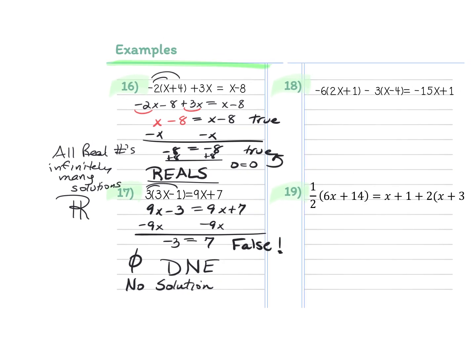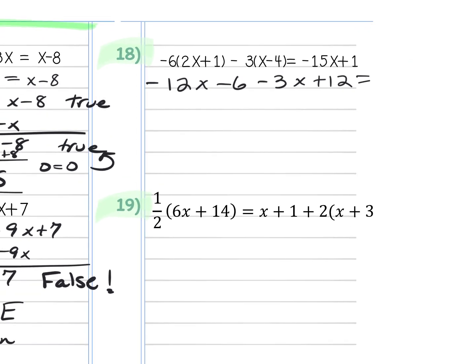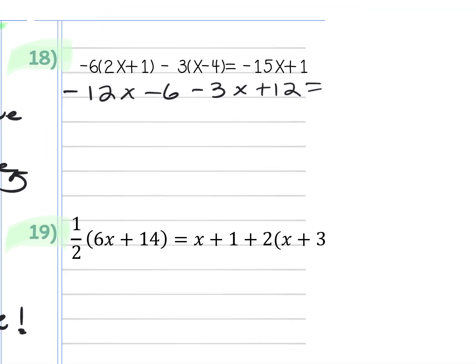Again, you're going to distribute, and you're going to get negative 12x minus 6, and then distribute the negative 3, and then equals the right side, the negative 15. Let me make it bigger here. Negative 15x plus 1. I need to combine my like terms. I've got a negative 12x and a negative 3x to combine, which gives me negative 15x, and then the negative 6 and the positive 12, and I get positive 6.